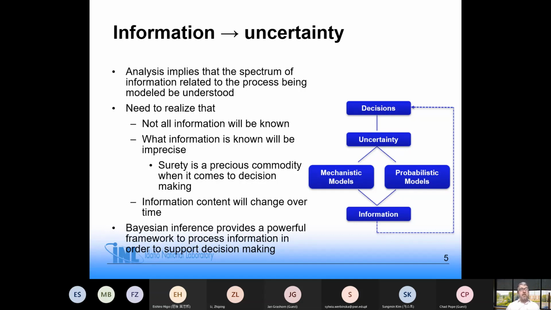So information is kind of a foundational bedrock. And it's important to realize, of course, even though we might have a lot of information, we don't have 100% knowledge of really anything. So not all of our information will be known. And even for the things that we think we know, we may be imprecise or we may be uncertain.